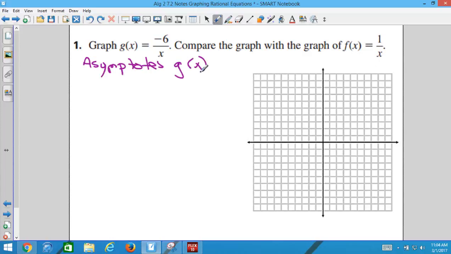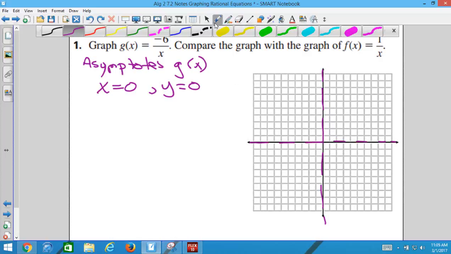From 1 over x to negative 6 over x, are we translating, moving side to side or up or down? No, we're just stretching, so the asymptotes don't change. I'm going to graph those asymptotes. They're already graphed, but people forget about them.